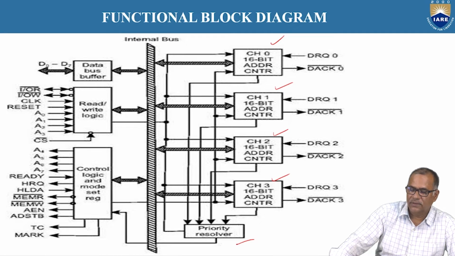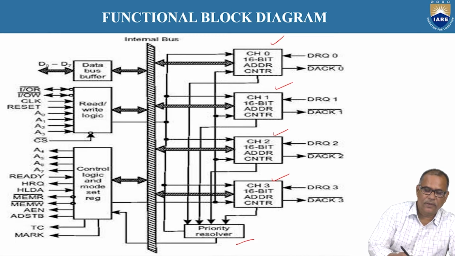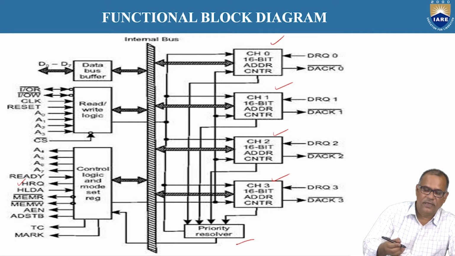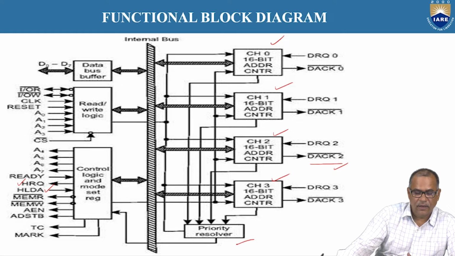When the IO device gives the DMA request, then the DMA controller sends the HRQ signal, hold request signal, to the microprocessor, and the microprocessor acknowledges the DMA request by giving back the HLDA signal. Then the DMA controller gives the DMA acknowledgement signal to the IO device. And the clock signal is normally connected to the system clock. And the mark signal we have already discussed. After transfer of every 128 bytes of data, this mark signal is activated.